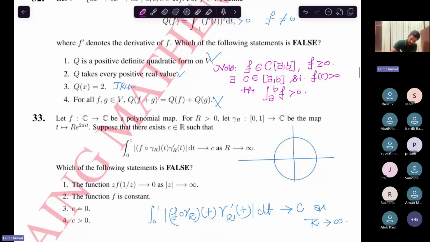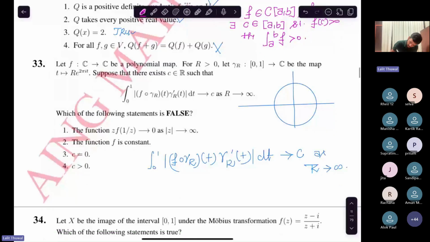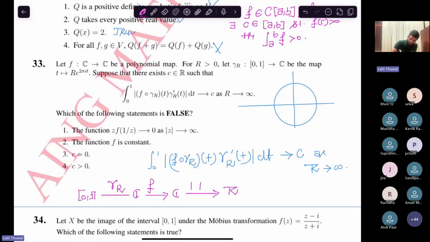See, you have a continuous function from [0,1] to C, which is your gamma R, then a continuous function from C to C, which is f, and then from C to the mod function. The mod of it is a continuous function, and this is also continuous.